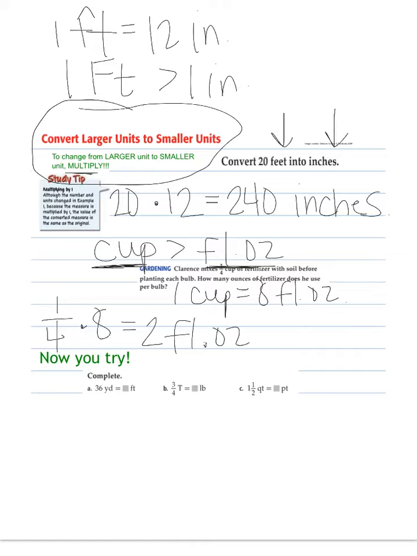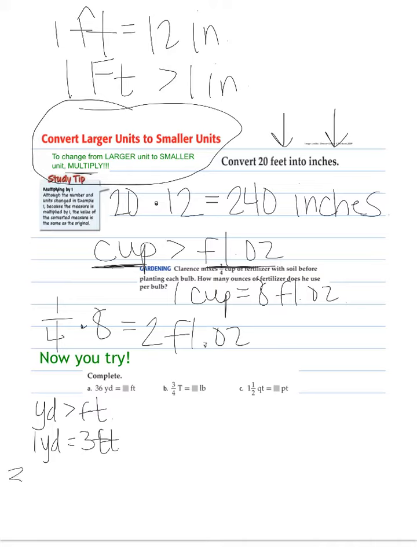So I know that a yard is greater than a foot, and I also know that 1 yard equals 3 feet.